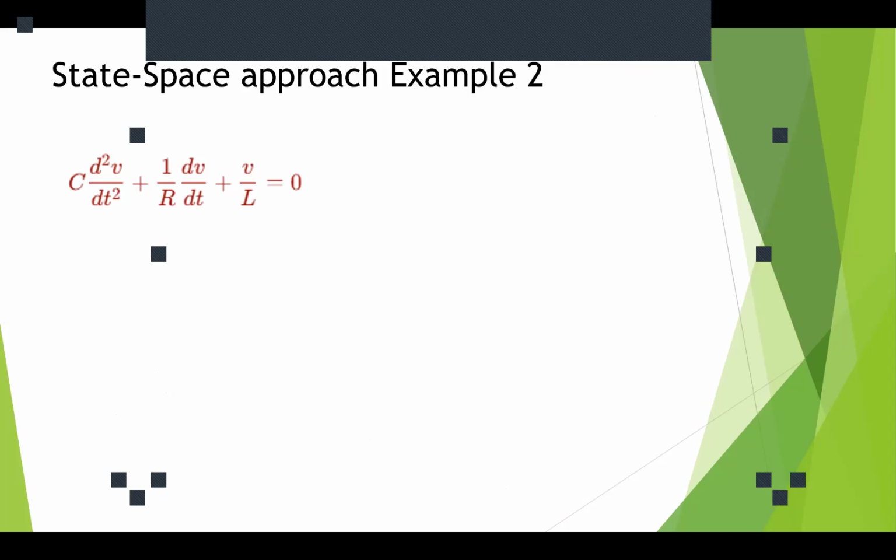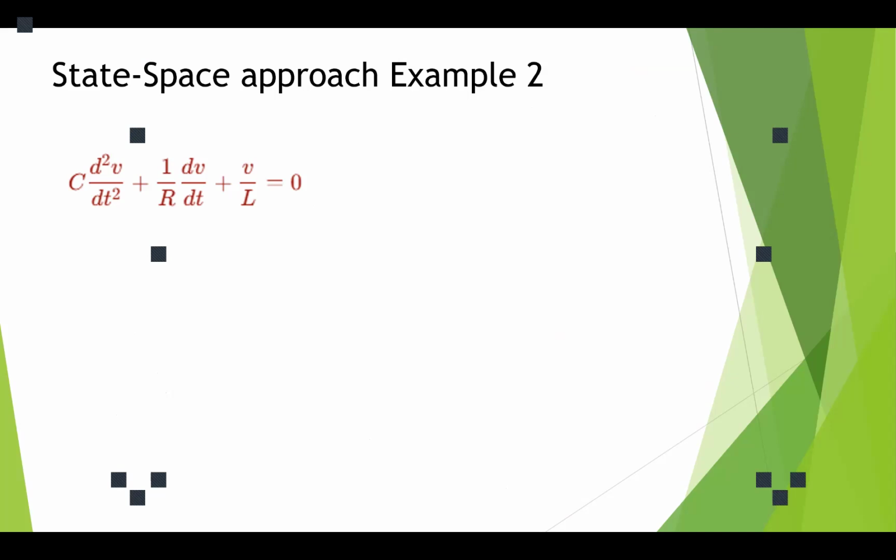let's look at an actual differential equation that you might see in a circuit. We have C times the second order differential of V, plus 1 over R times the differential of V, plus V over L, equal to 0. Now, we have a second order differential equation.